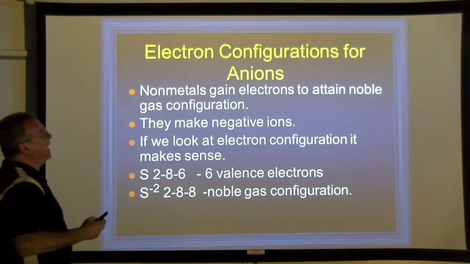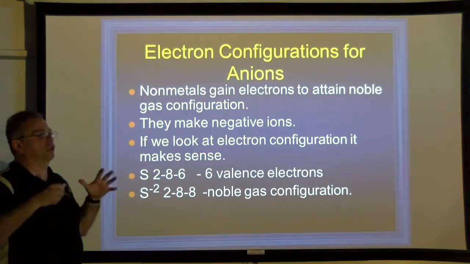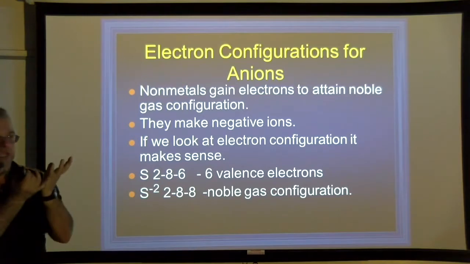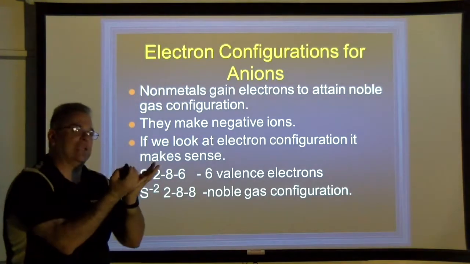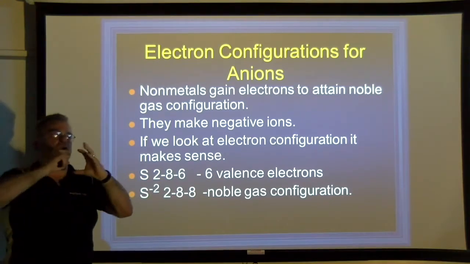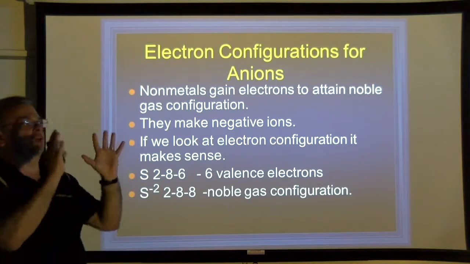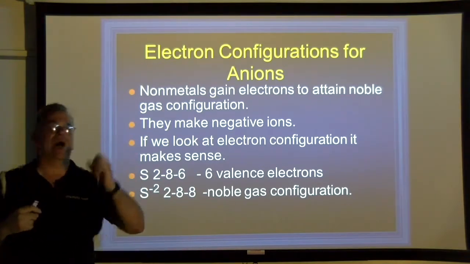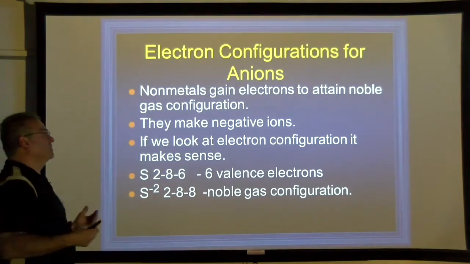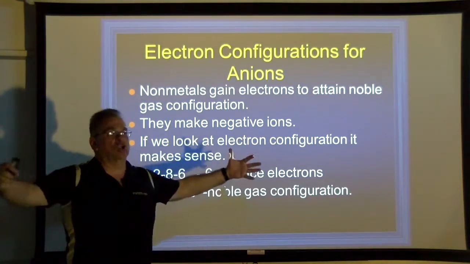The nonmetal anions are created by the nonmetals gaining enough electrons to create this jacket, called the octet jacket, in its valence shell. Once you place those 8 electrons around the nucleus, you kind of create a field of negative around the nucleus, which is positive. And now, all of a sudden, the volume of the atom gets much larger.